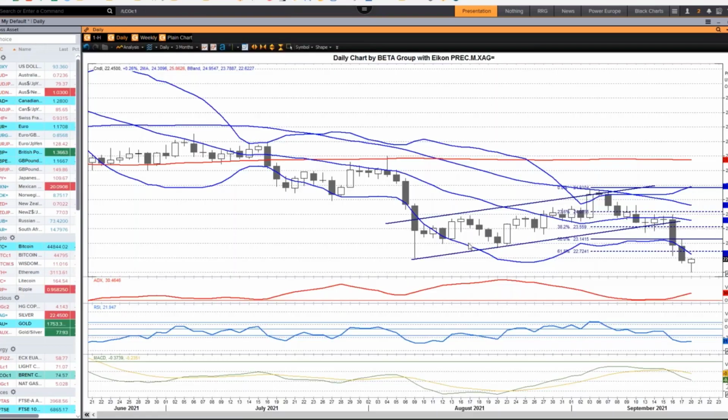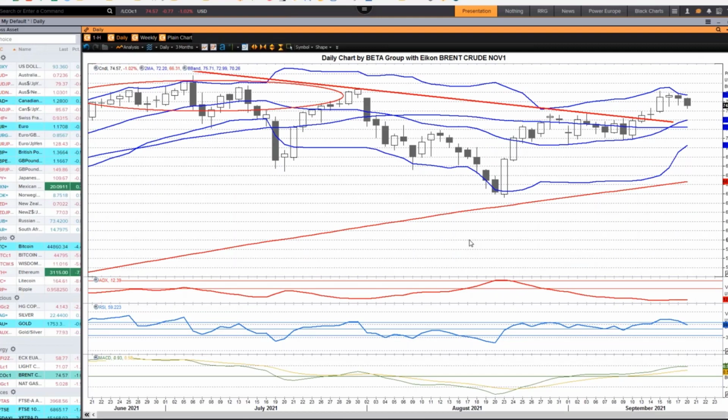On balance, I think technically it looks more like breaking up than down. The intermediate-term pattern is reasonably good at this stage, but there are two tough hurdles. We haven't got much power, as the ADX tells us, only a 12 reading here. The RSI has turned down just in these last couple of sessions at the resistance from July, and the MACD, which is a lagging indicator, is still positive there.